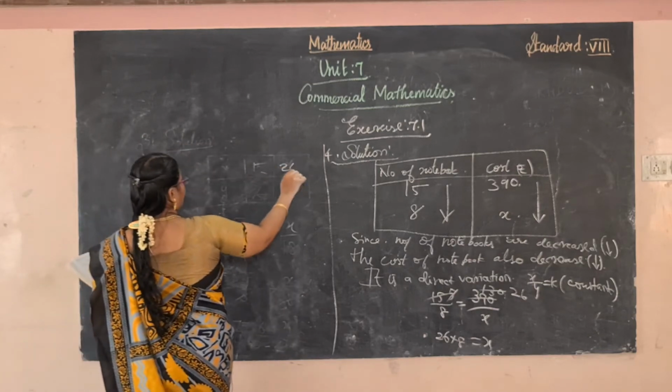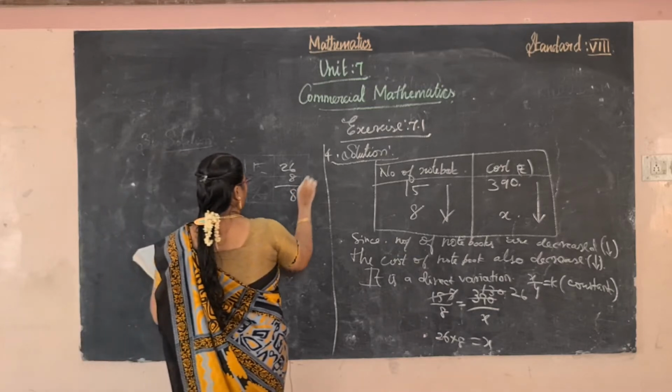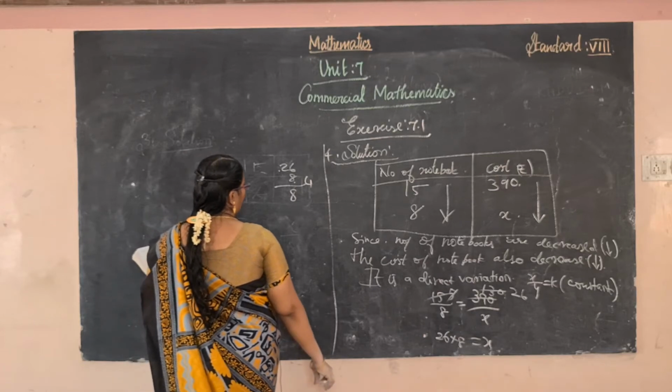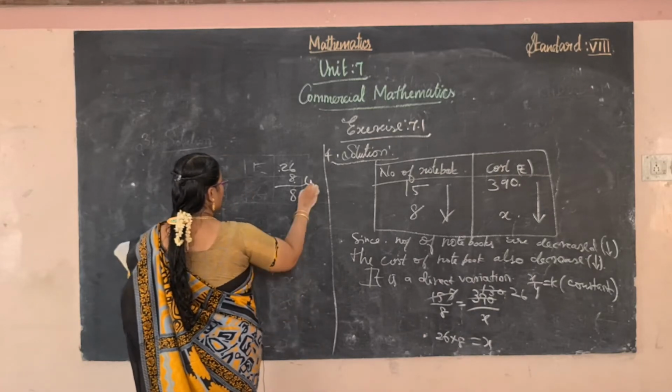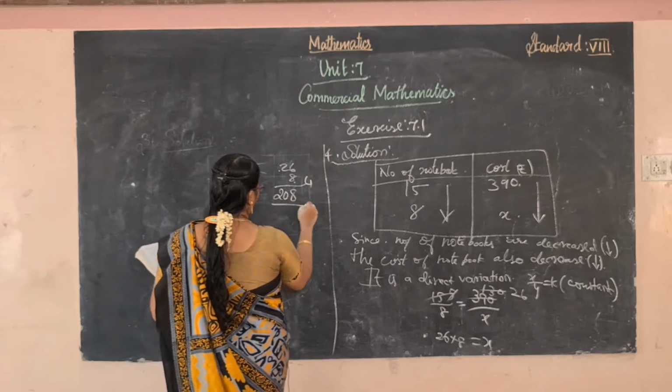So 26 into 8: 8 sixes are 48, 8 twos are 16, 16 plus 4 is 20.